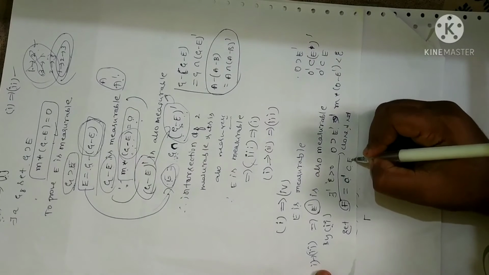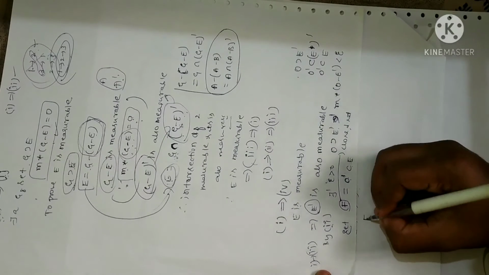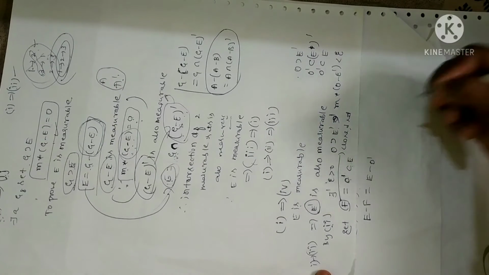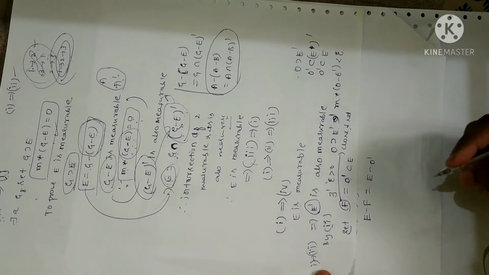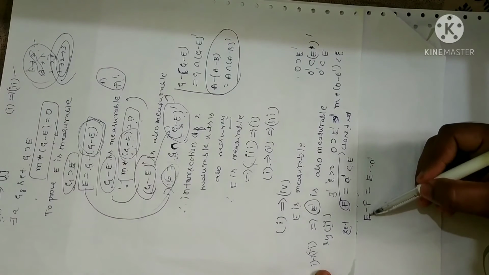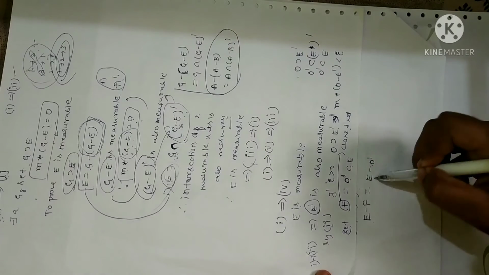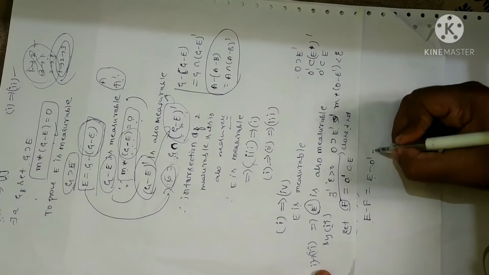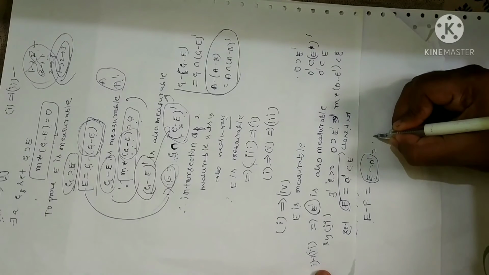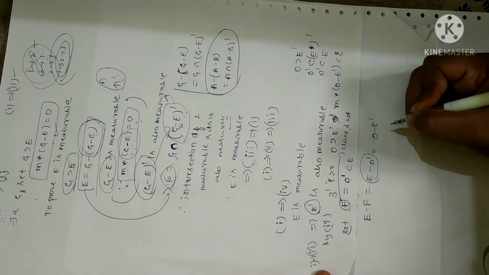Fine. Now let me subtract it. I can write E minus F is equal to E minus O complement. I have subtracted these two sets from the set E. So with this I can write, shall we rewrite this as O minus E complement?